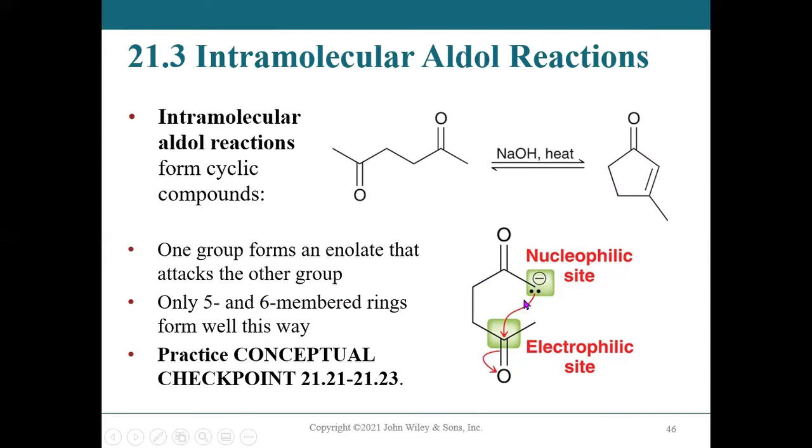So in this example, this alpha carbon produces the enolate, and then this enolate attacks this carbonyl carbon, and we finally produce this 1, 2, 3, 4, 5 atom ring with this methyl and this hydroxyl. Then this oxide gets protonated, and we lose water to produce this C=C double bond.